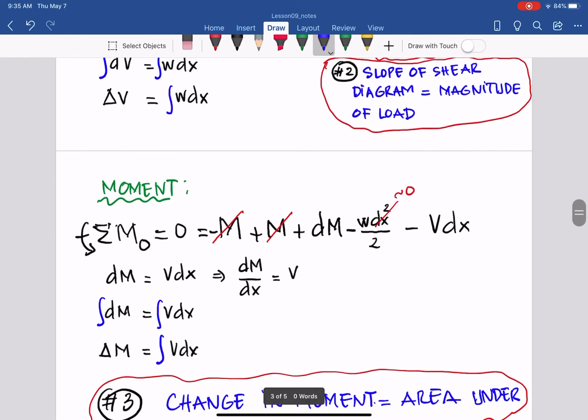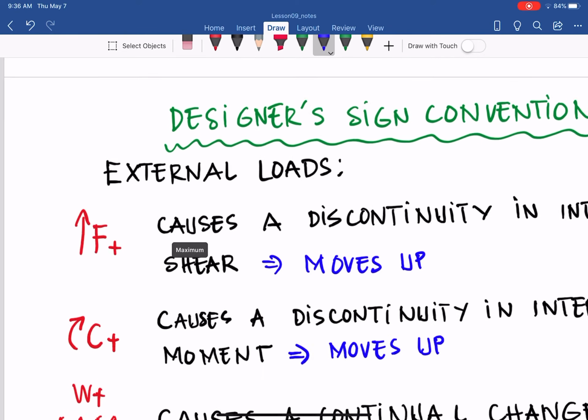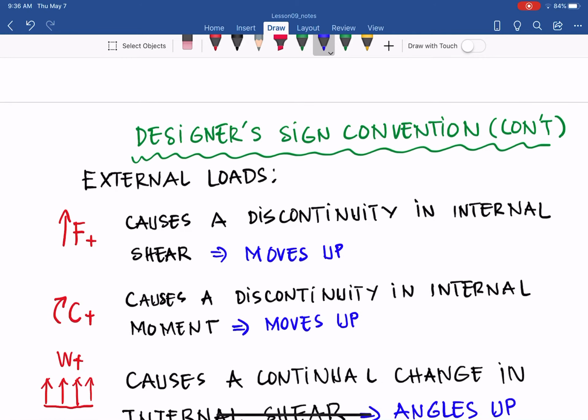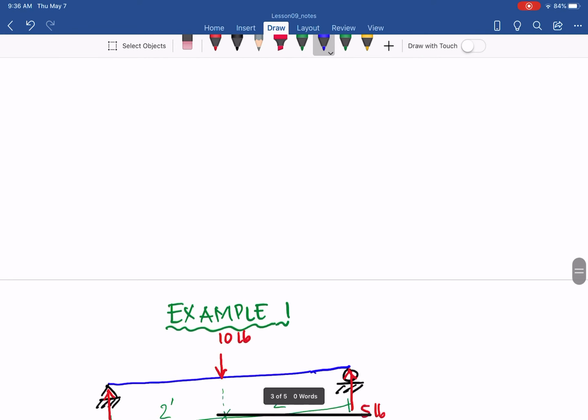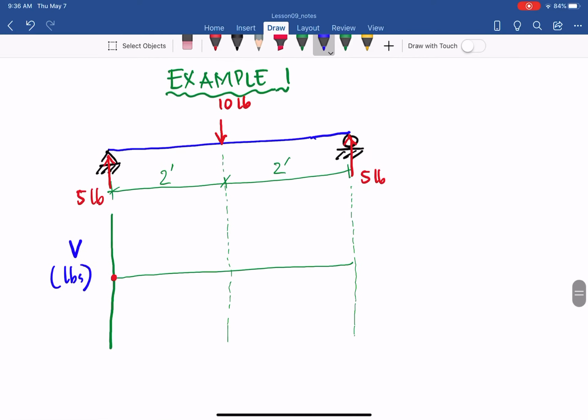Going back to the sign convention, an external force going up causes a discontinuity in the internal shear that moves up. So in the shear diagram, it jumps from 0, which is always the start. Let's put it in red. It goes up here because the force goes up, and it will be plus 5 pounds. It causes a discontinuity in the shear: start at 0 always, go up 5 pounds because the 5 is going up.